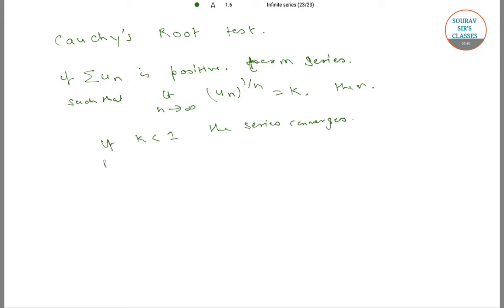And if k is greater than 1, then the series diverges.